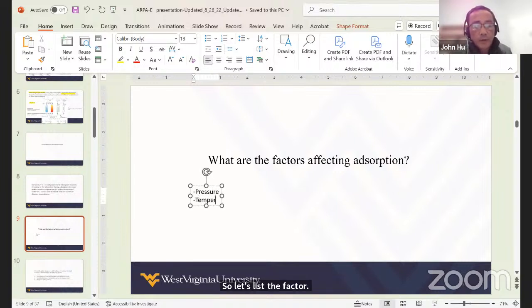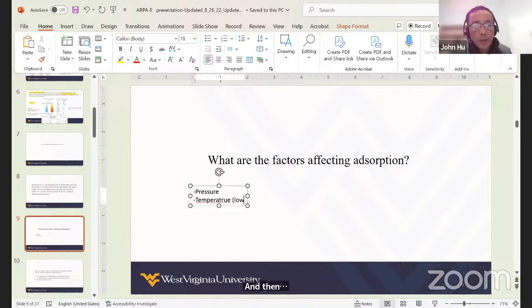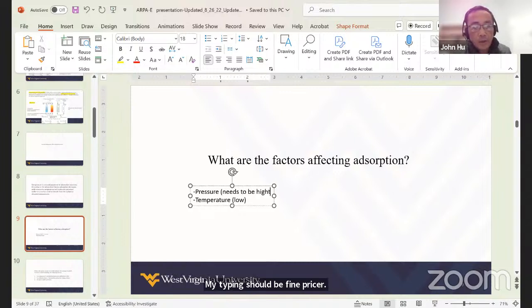And then temperature. So temperature needs to be low, all right? I don't want to change my spelling, it takes me time. As long as you can read my typing, it should be fine. Pressure needs to be high. Okay. What else? Anything else?